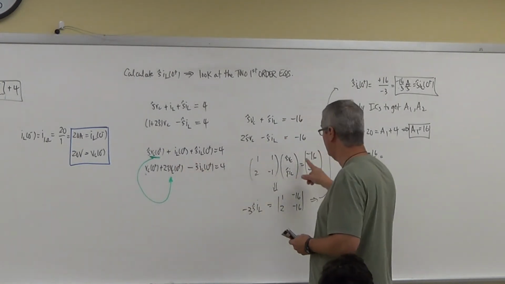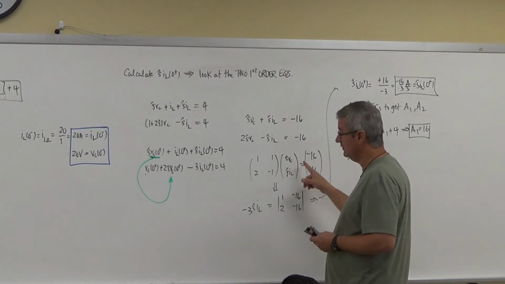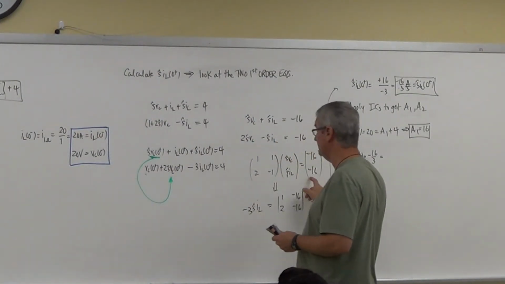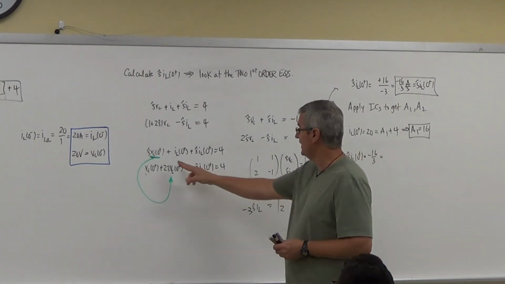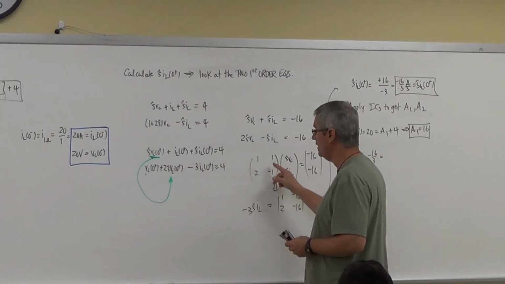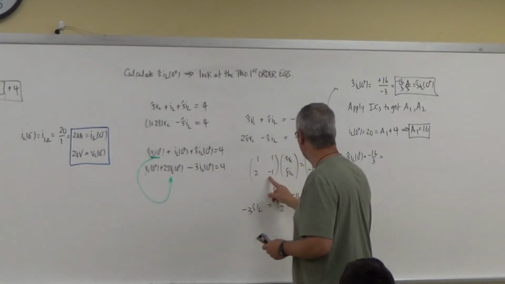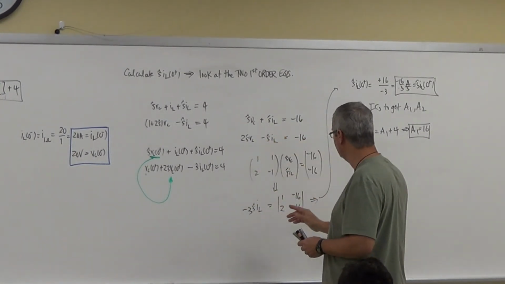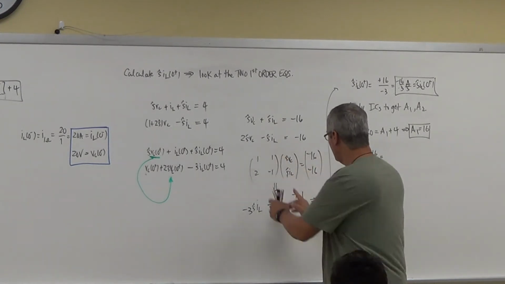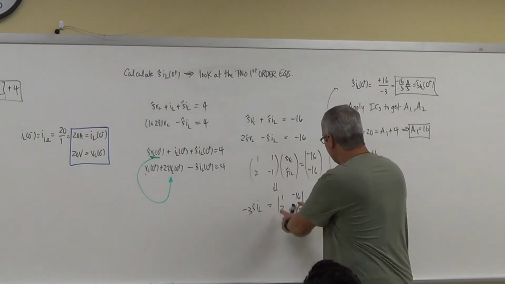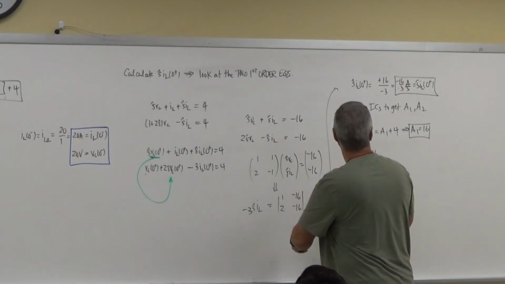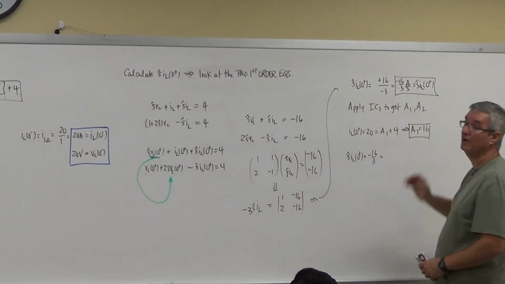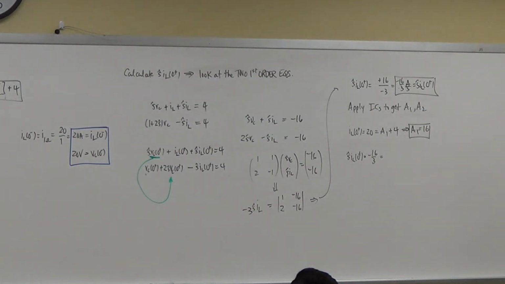I bring it over here, I get negative 16. This is 20, I get negative 16, okay? So if I look at this guy, I got 1, 1, 1, 1, 2, negative 1. I go negative 1, negative 2, negative 3. I bring this in here. I get negative 16. Positive 32 gives me positive 16. Oh, but I got a negative. Okay, I'm going to say that looks good to me.